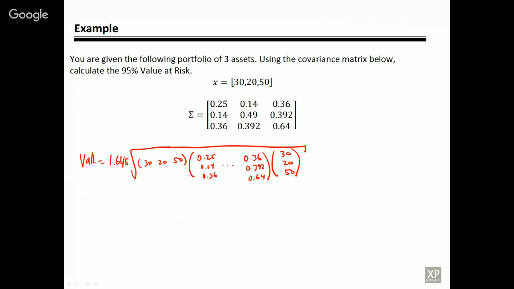Now, simple matrix algebra: we would take this term here and multiply it by the first column, then the second column, and then the third column. That will give us a 1 by 3 matrix multiplied by this matrix here, and then we just multiply this over here, and the result for the answer would be 104.7259.